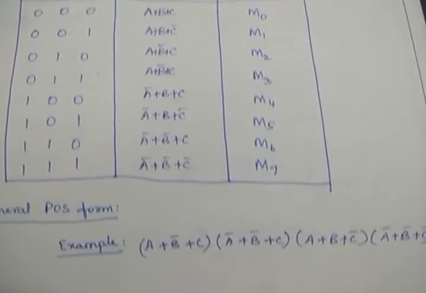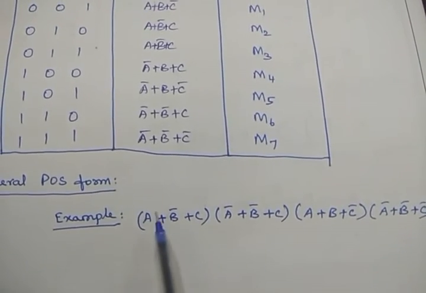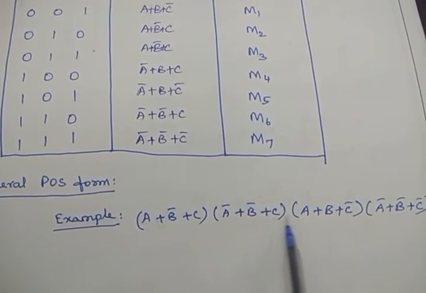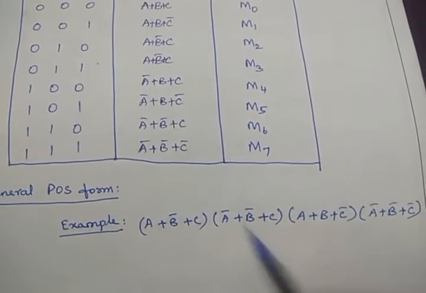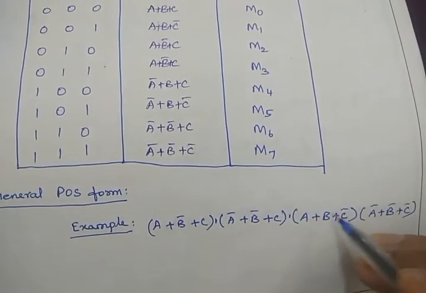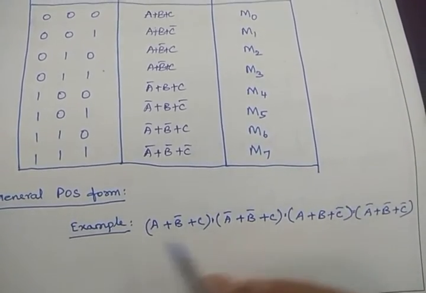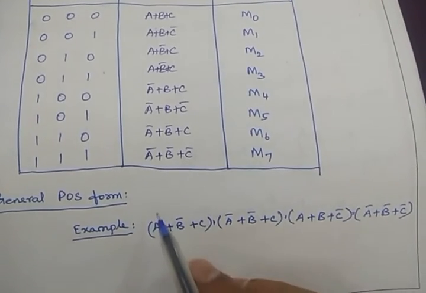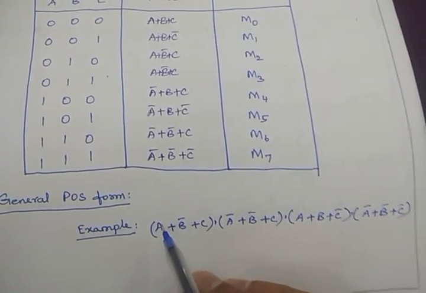So we'll see the general POS form. A plus B bar plus C, A bar plus B bar plus C, all are in multiplication. Remember, all are in multiplication. And unprimed means 0, right?